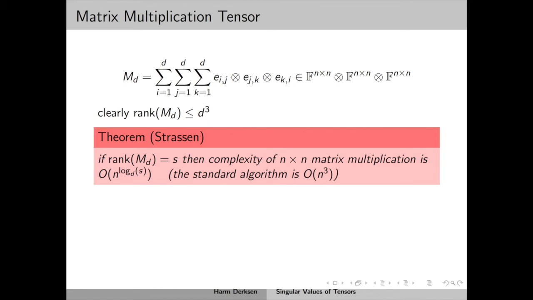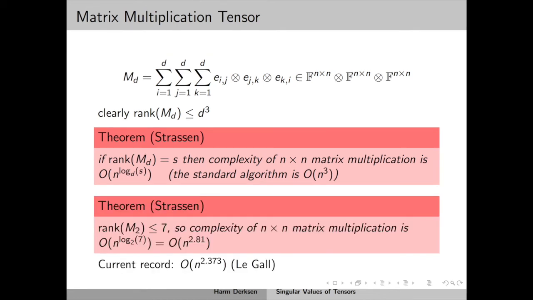Here complexity means arithmetic complexity: addition, multiplication, subtraction all have cost 1, regardless of how big those expressions may be. F here is any field. The usual method takes about n cubed multiplications and n cubed additions.